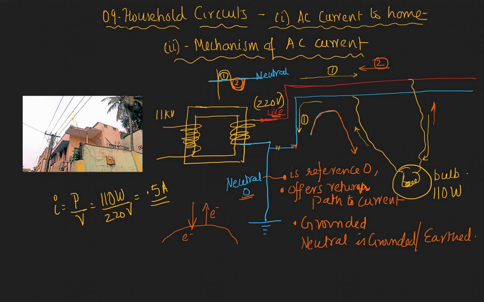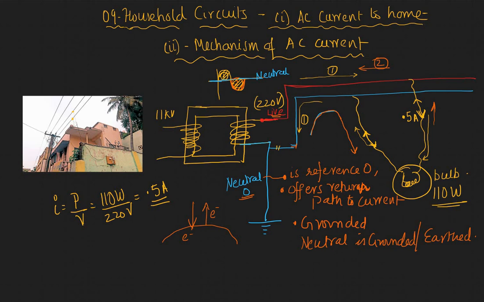So if you connect a bulb of 110 watts, you are drawing 0.5 amperes, and of course this 0.5 amperes flows both ways depending upon the positive or negative phase. That's how you determine the current that you draw from the main line.